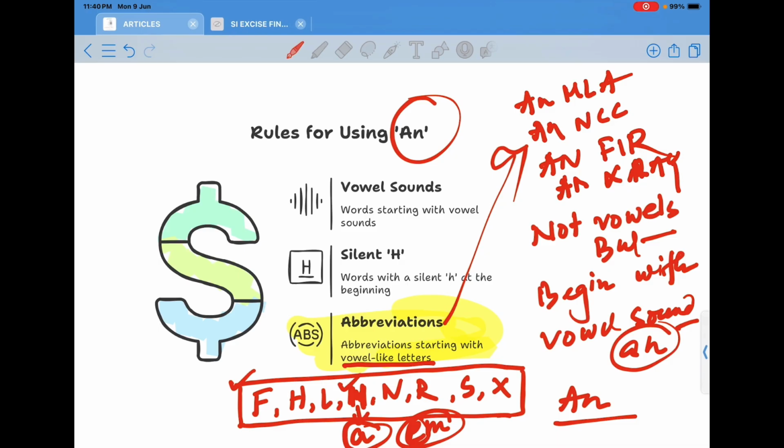So in the examination, maximum time they ask questions related to this, so you should know this. Remember this thing, then you will be able to solve questions in the examination.